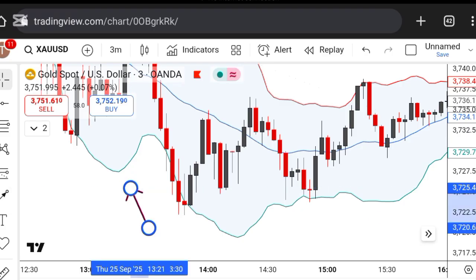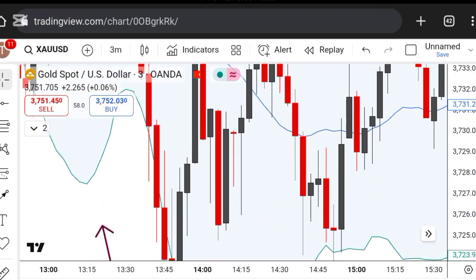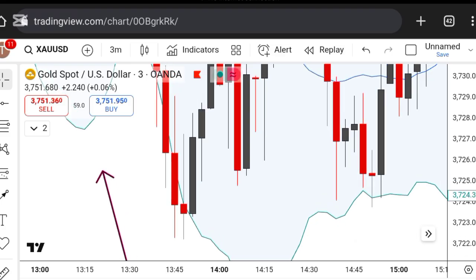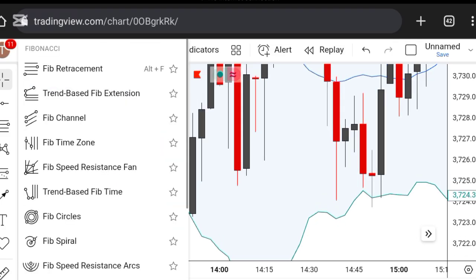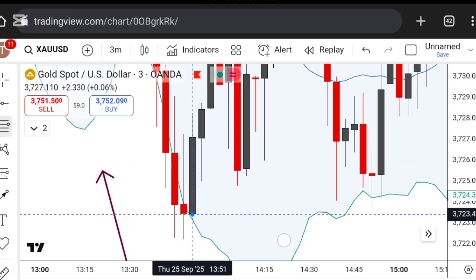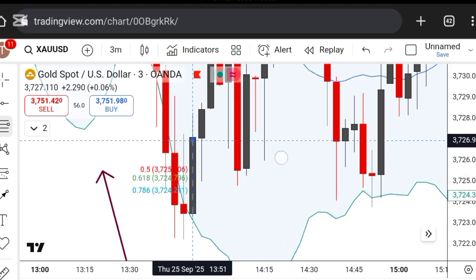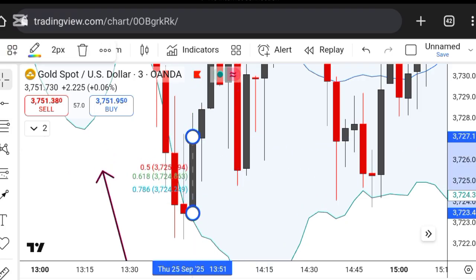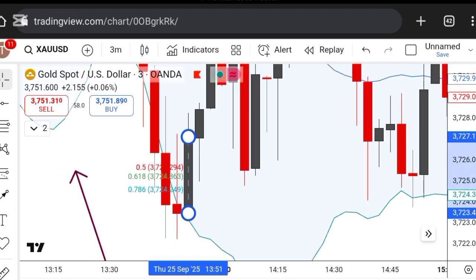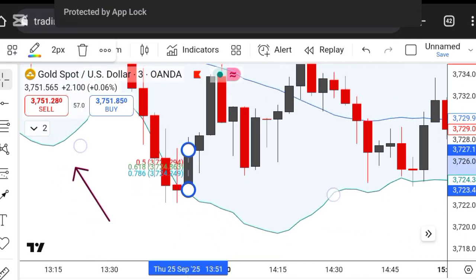You can use your FIB to know the 50% of the candle to place a trade, and this is going to be your buy setup. Since this is a buy setup, you FIB it from the bottom to the up, right there. The 50%, which is the 0.5 FIB retracement level, will be your entry.